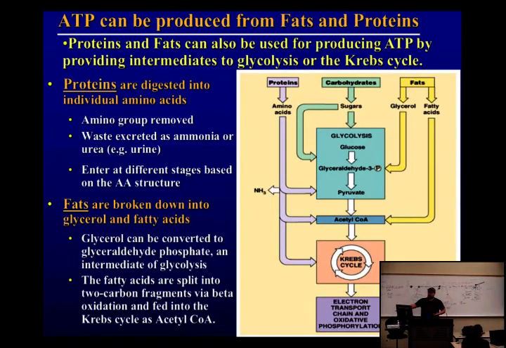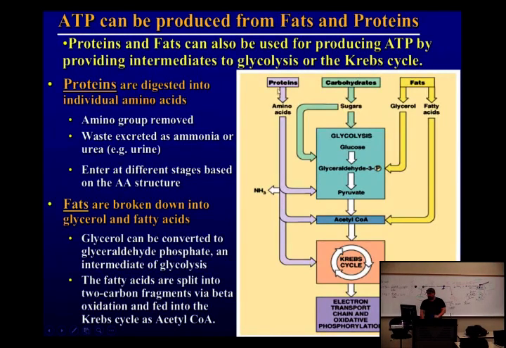Fats, proteins. Alcohol is another one, right? You can actually use that as an energy source too. So all of these, all paths lead to electron transport.